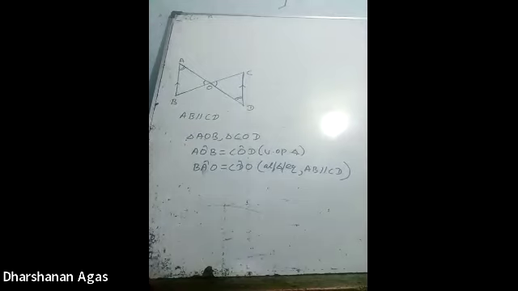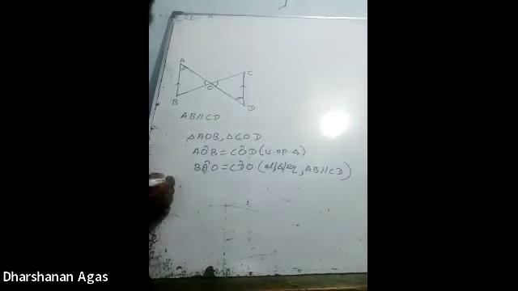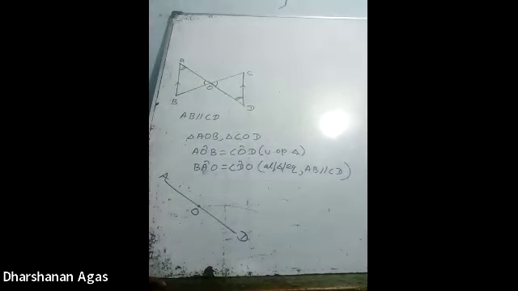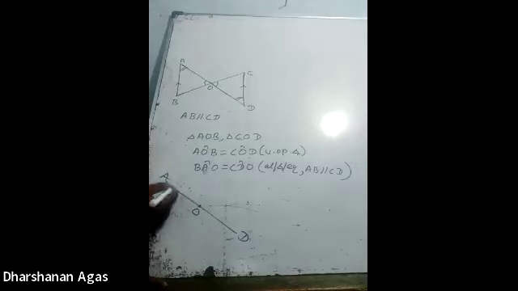We should find the side. There also I gave data: O is the midpoint of line AD. When you mark a midpoint on any straight line, the midpoint divides the side into two parts, which means these two sides will be equal.